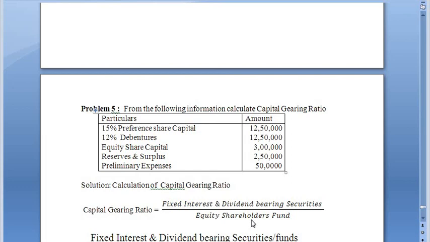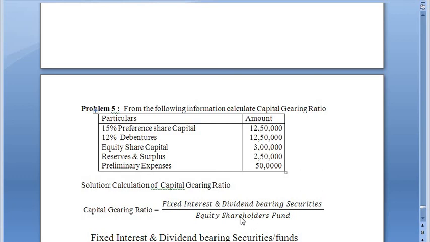The examples of fixed interest and dividend bearing securities are preference share capital. On preference share capital, the firm will be paying what? Preference dividend. Next, debentures and long term loans. Okay, so these are the examples of fixed interest and dividend bearing securities.